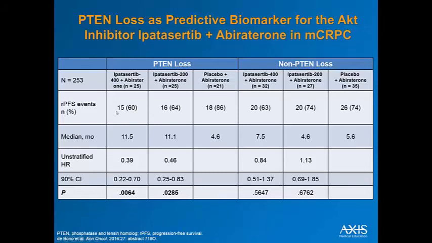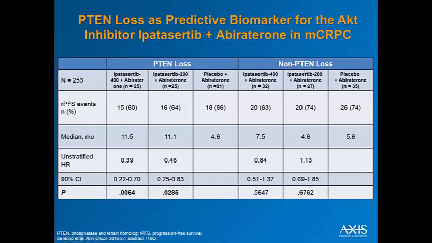Another interesting factor is a molecular change called PTEN loss. And if you look at PTEN loss, you can see that there is an improvement in some of these events, progression-free survival, with the addition of an AKT inhibitor, ipatasertib, which is now in phase 3 clinical trials.